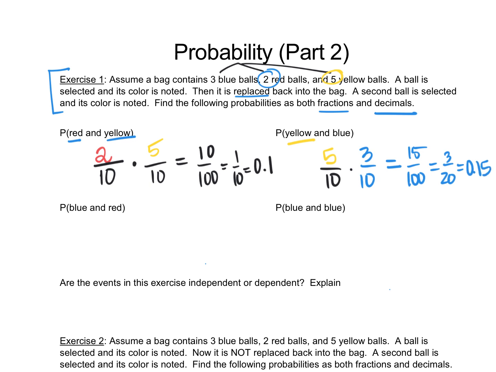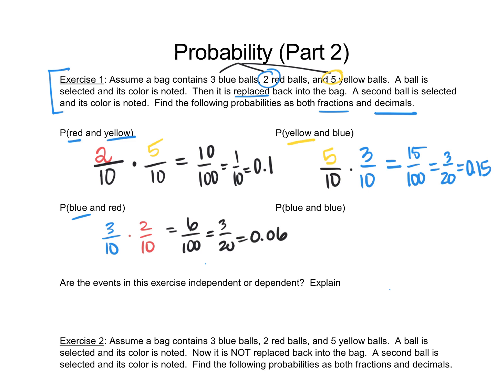Next, we want the probability of blue and red. So blue is going to be the 3 out of 10, and the red is going to be 2 out of 10. So we're going to get 6 out of 100. Which you could reduce by 2, that'd be 3 out of 50, or as a decimal, 0.06.